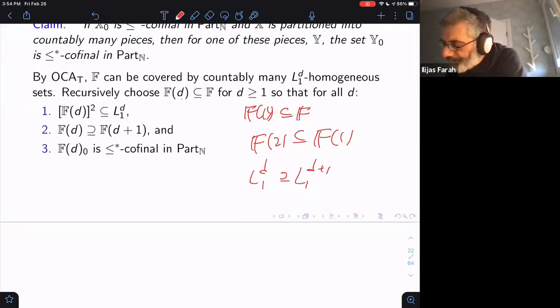Okay, so what do we have? Well, there was a lemma that we proved a couple of classes ago. It was about unbounded sets. We have here even cofinal sets, so it's even better than this.